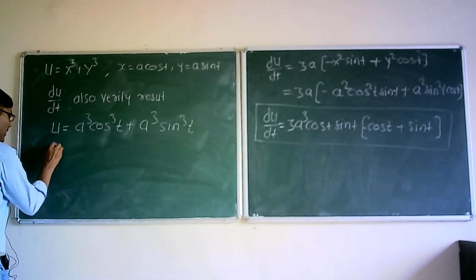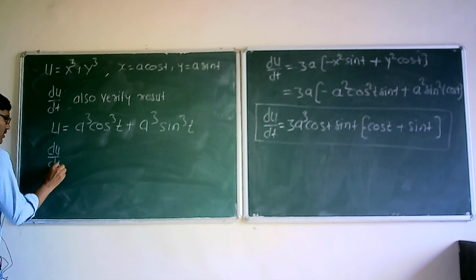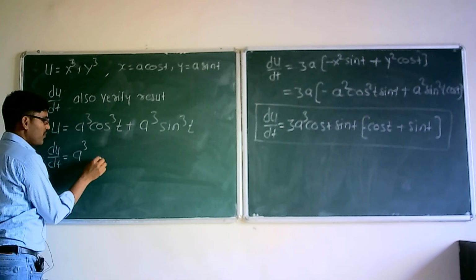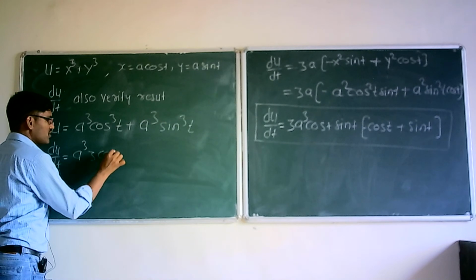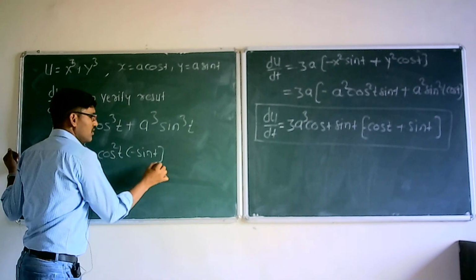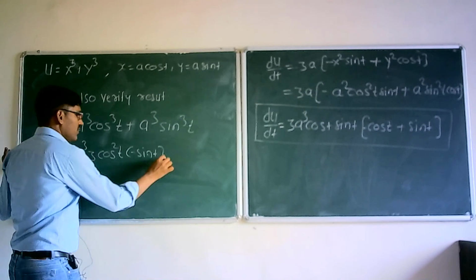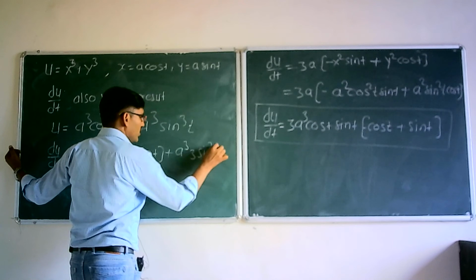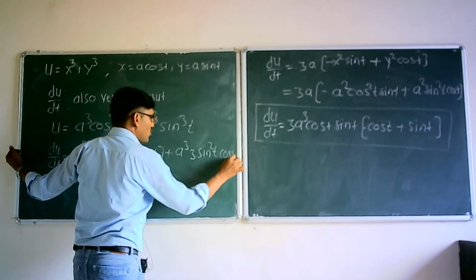So what is du by dt? Du by dt is equal to a cube as it is, the derivative of this is 3 times cos square t, and the derivative of cos t is minus sin t. Again a cube as it is, here 3 sin square t into the derivative of sin t, which is cos t.